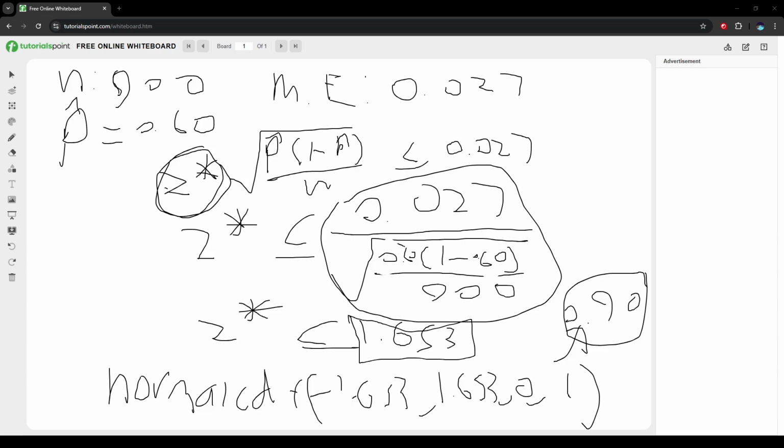Right? But then when you're doing CDF, you're trying to calculate an area. So you put a number on the standard normal curve and then you choose your tail. So when you're trying to do the area, you pick a number. Let's say you do the lower as 1.653 and then your upper as another value. You're calculating the area that's in between those two values on a standard normal curve.